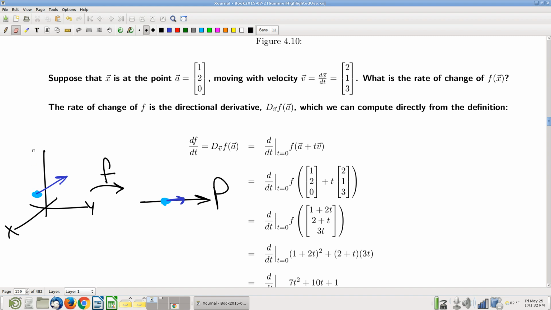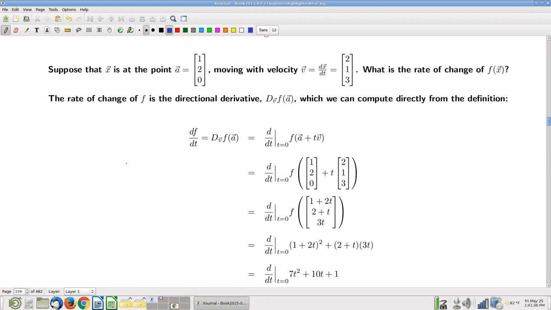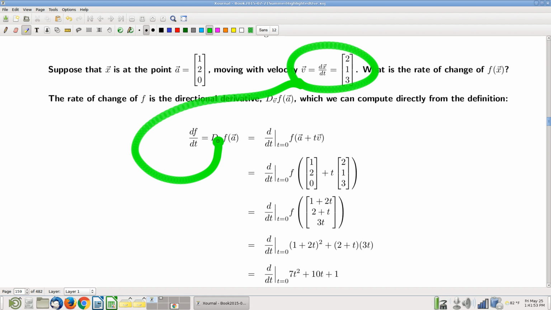Okay. All right. So let's do the calculation. I want to know how fast the output's changing. That's the directional derivative. Let's see here. The function was given. My velocity is given, 2, 1, 3 in the domain.